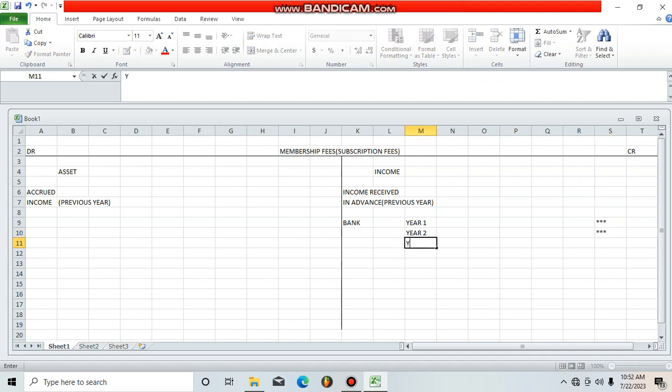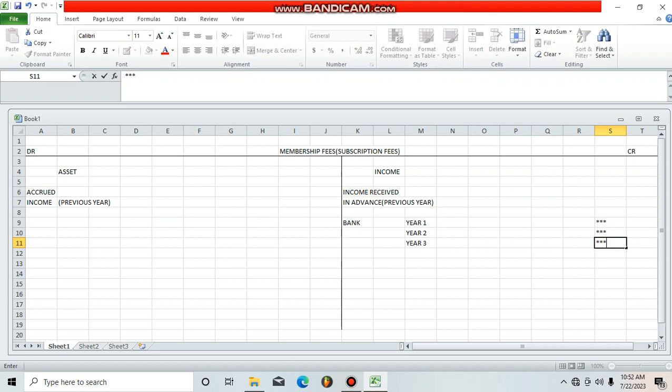And year three, we put the amount. Here we don't have to calculate anything. You'll be given the amounts and you just paste them the way they are. Let me say year one is 2015, year two is 2016, and year three is 2017.